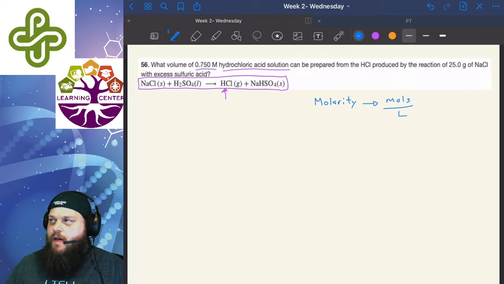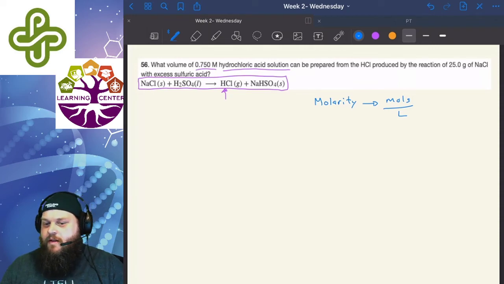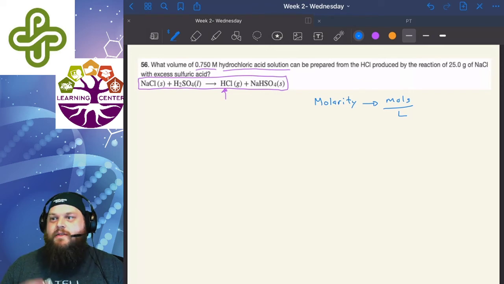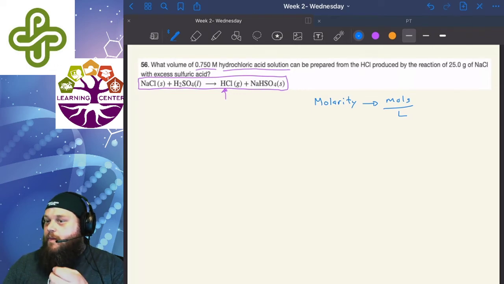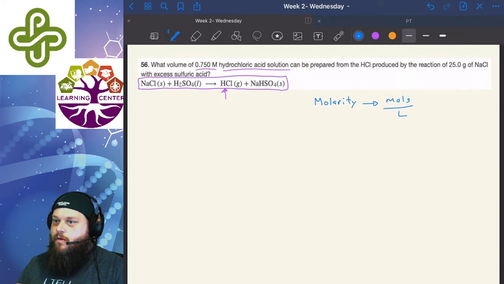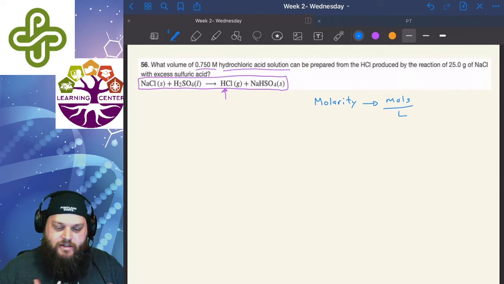So if we had 1 liter of something and we mixed in, say, 0.5 moles into a liter of water, we would have a molarity of 0.5 because we had 1 liter of water. Now, if we mixed 0.5 moles into half a liter of water, well, then we'd have 0.5 divided by 0.5, we'd have 1, so we'd end up with a molarity of 1 molar. So that's just kind of a rough estimate.